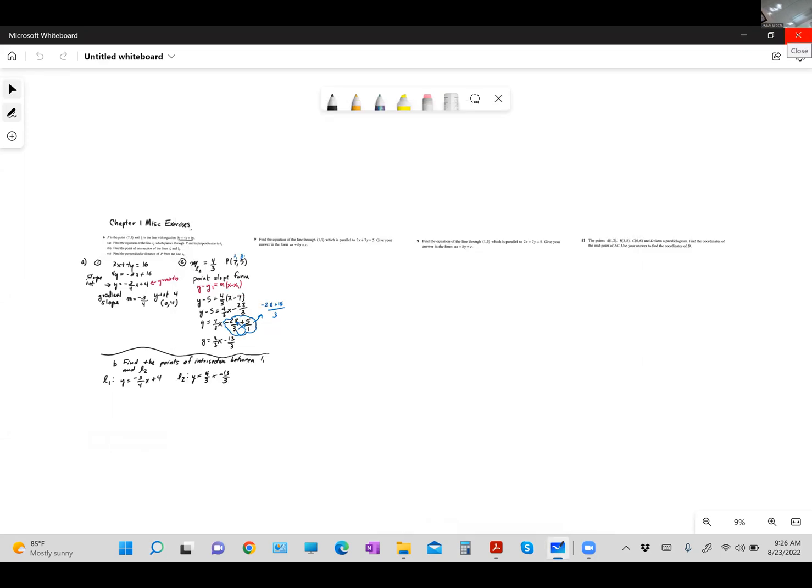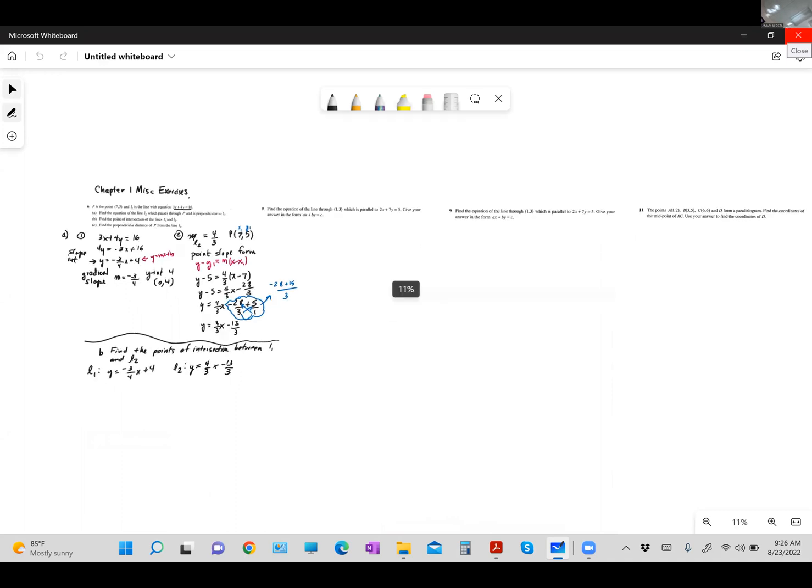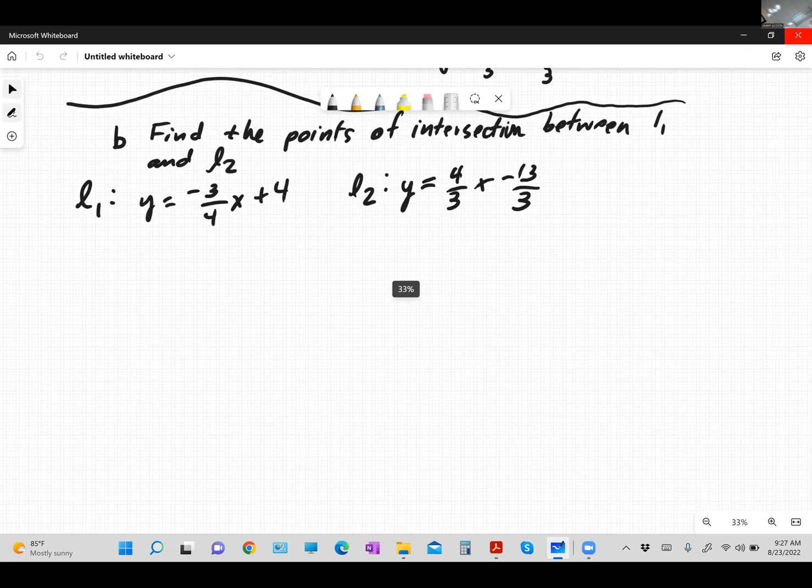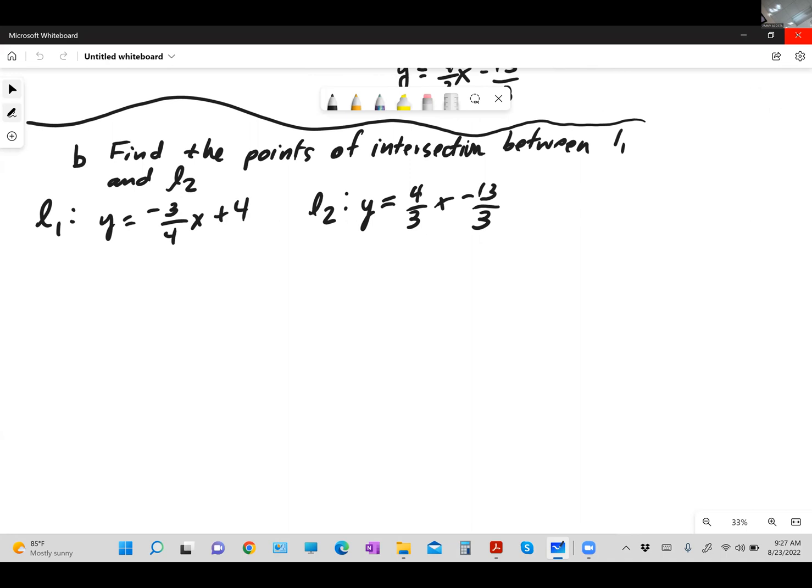Okay, substitution, I like substitution better, but elimination is just as good. It's just, right now it's set up for substitution, because their x and y's are the same, right? When they cross. So I can just set them equal to each other. In other words, their y's are the same at the point of intersection.